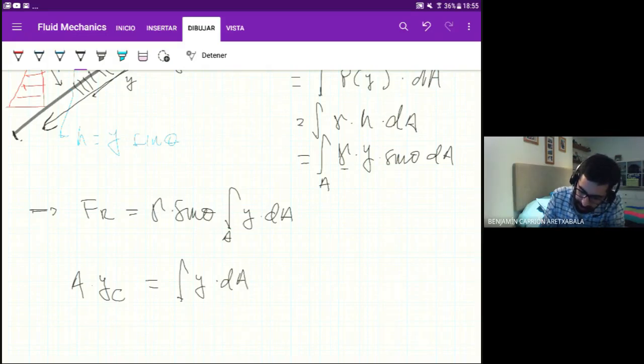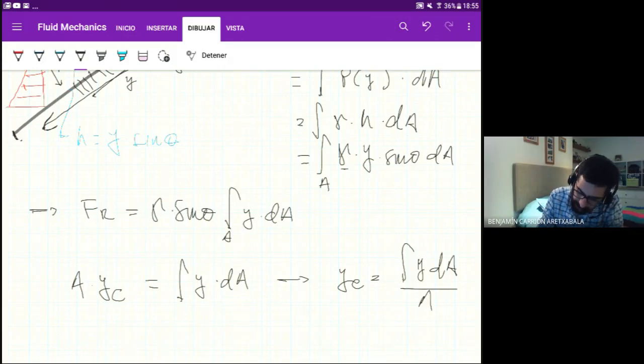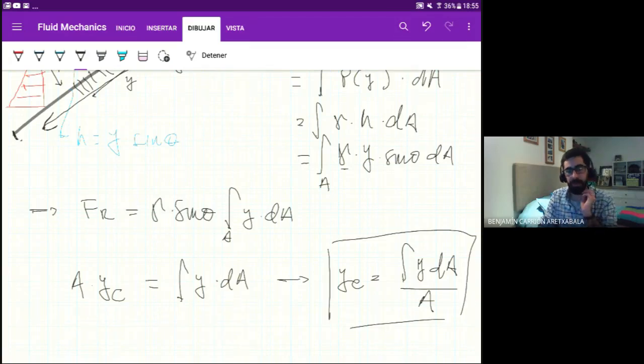So your centroid position is nothing more than this integral over the area divided by the total area. This is a weighted average. This is the definition of centroid that you must have seen in statics.